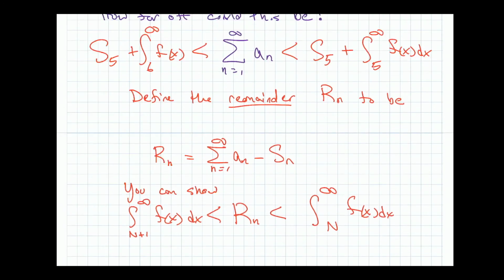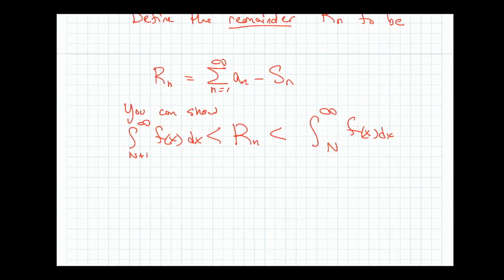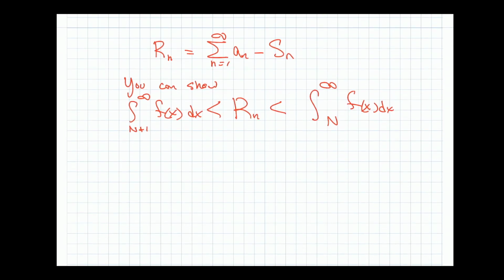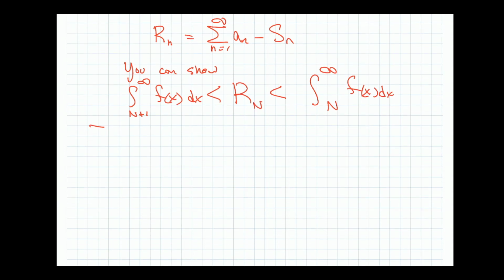Basically what you would do is you would come here, and if you just subtracted S5 from all 3 sides, then you would have your S5 in the middle but not on the edges, and then it would look like this, but with a 5 instead of an N. And this should be a capital N too. All right, so that was terrible. Here's the moral of the story. I'll write out the actual theorem.